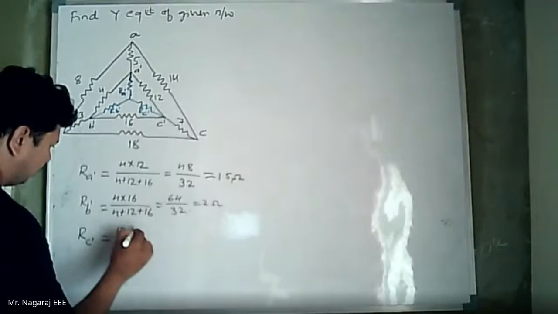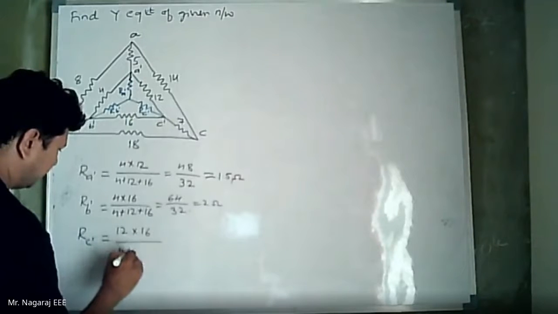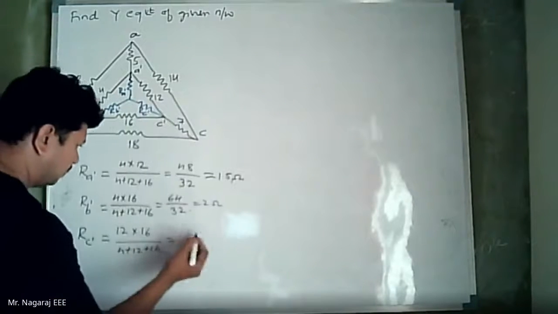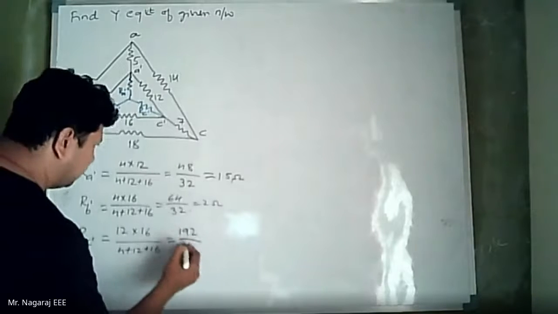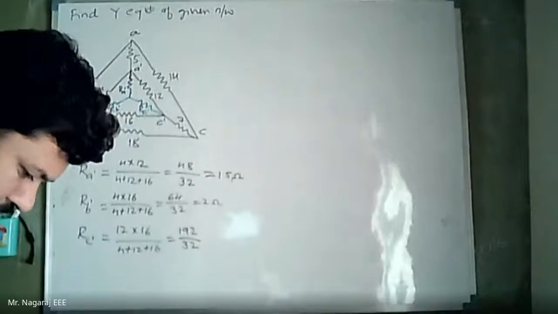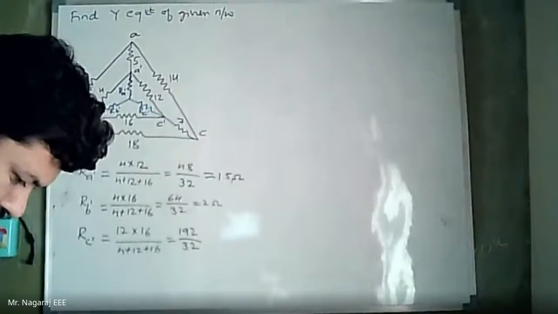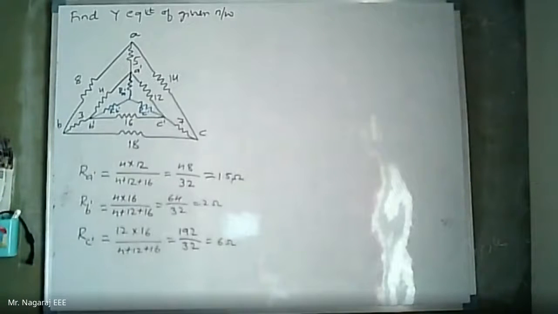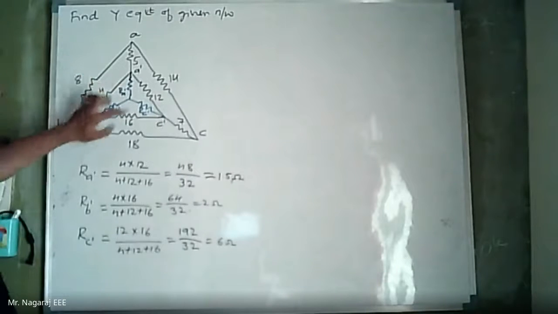That is 12 into 16 divided by 4 plus 12 plus 16, so 192 divided by 32. That is 6 ohms. So these are the star equivalent resistances of the inner delta formation.